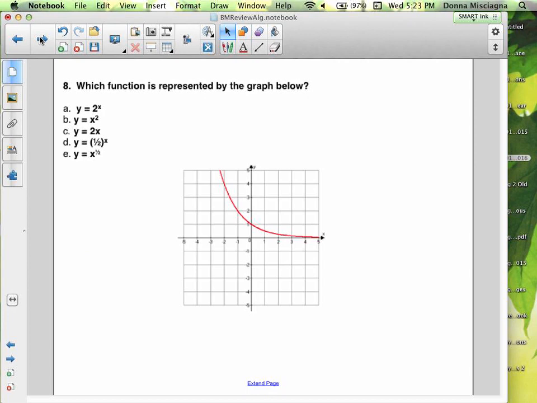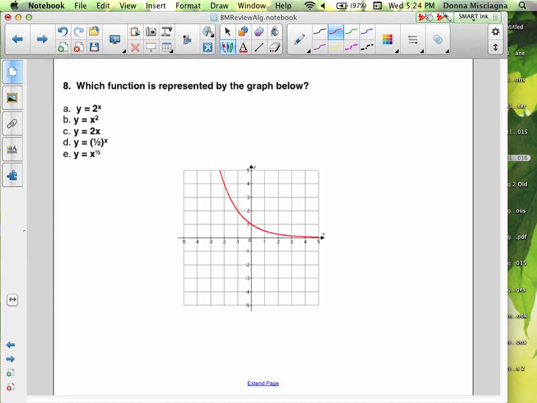All right, so here we want to figure out which function is represented by the graph below. First of all, identify whether this is an exponential function, and if so, is this exponential growth or decay. An exponential function has this characteristic curve. It decreases very quickly if it's decay, and increases very quickly if it's growth.